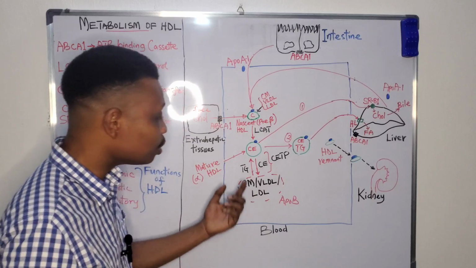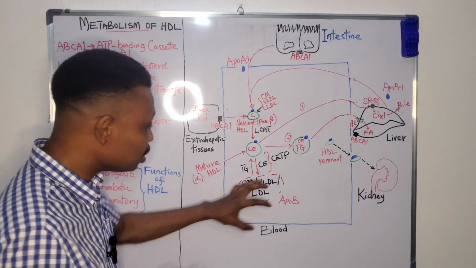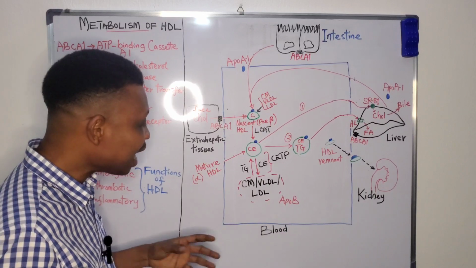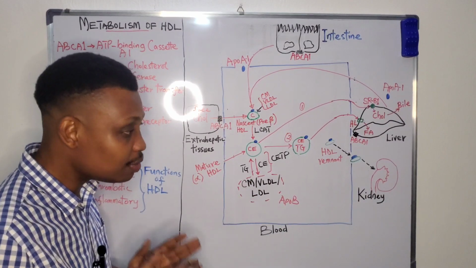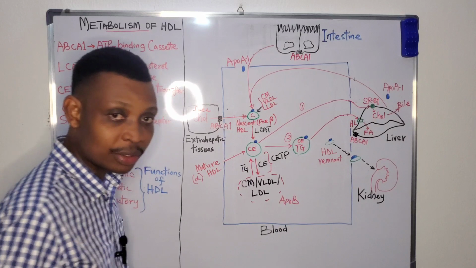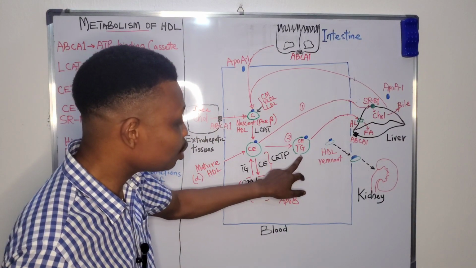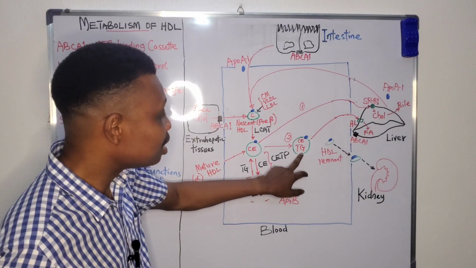So the HDL particle gives cholesterol esters to these circulating lipoproteins, while the circulating lipoprotein in turn gives triglyceride to HDL.